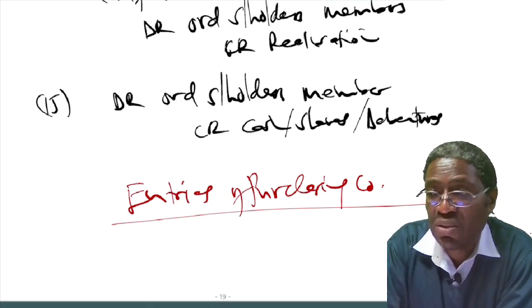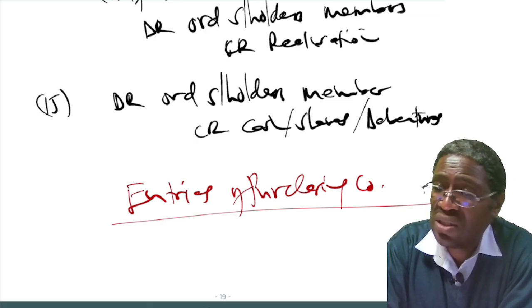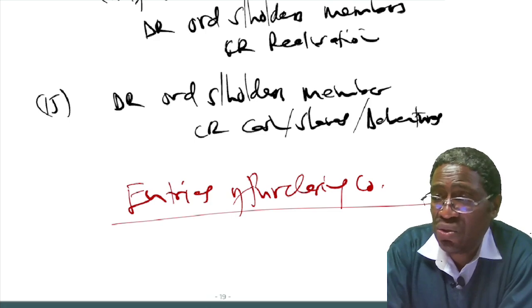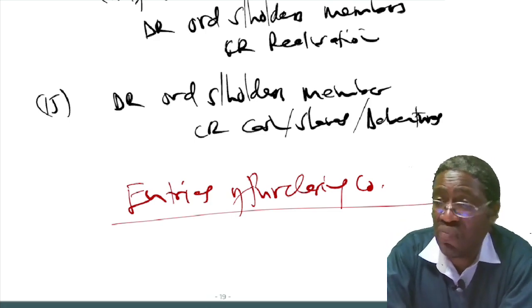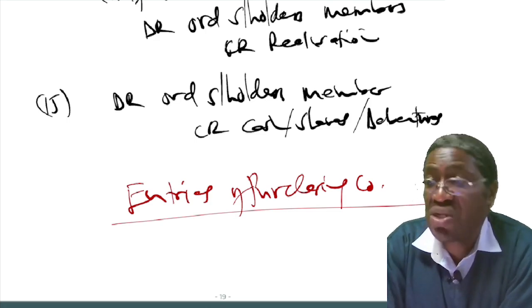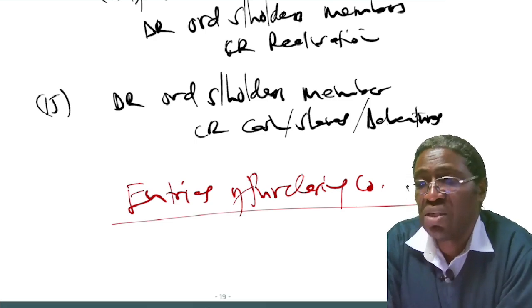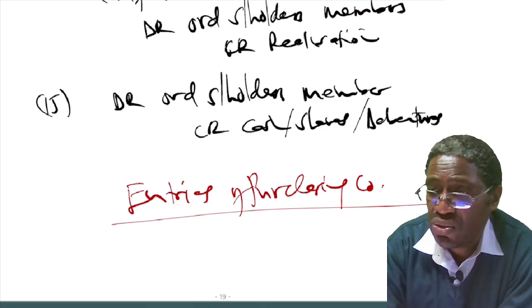Those ones are fewer, about 6. Once we discuss the books of the purchasing company, we do a past paper question.